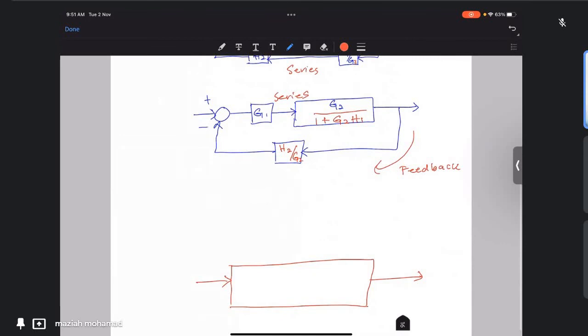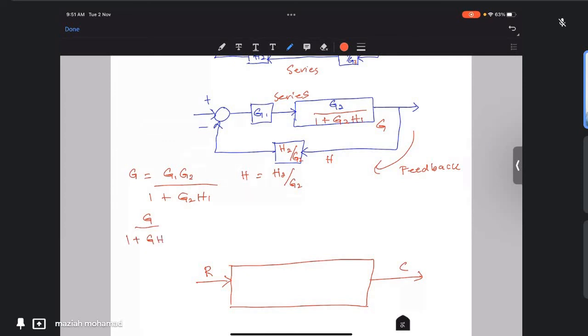The input is R, the output is C. So if you combine that, G is equal to G1 G2 over 1 plus G2 H1, and H will equal H2 over G2. Putting into our equation, which is G over 1 plus GH.